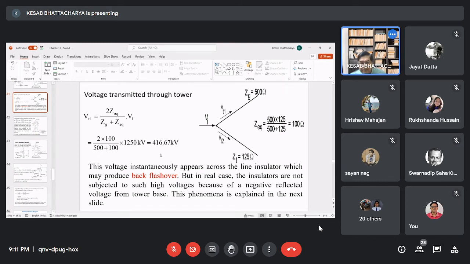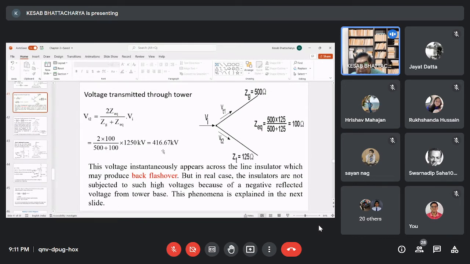Now here, the thing is just the opposite. At the earth point, the voltage has suddenly increased up to the level of 416.67 kV. At the live end, the voltage is somewhat lower. So there may be a chance that the flashover, instead of taking place from the live end to the earth end, may take place from the earth end to the live end.